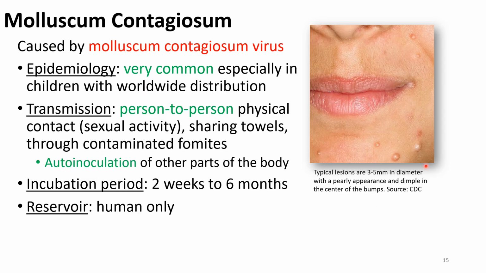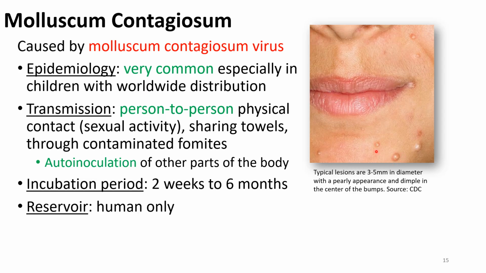For example, if somebody scratches the lesions on their face and then scratches another part of the body, that could result in auto-inoculation. Now here you can see this lady with this wart-like rash. They have wart-like lesions that are different from the vesicular lesions of smallpox.